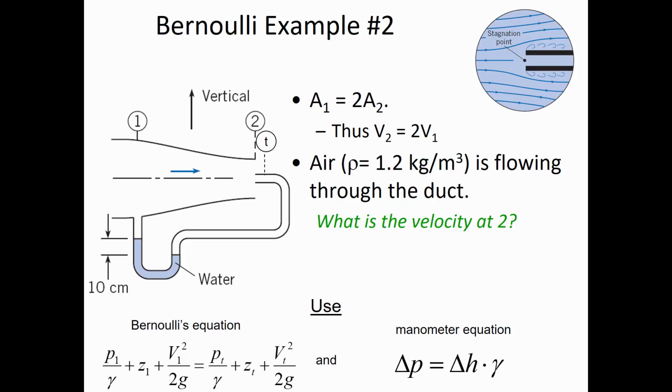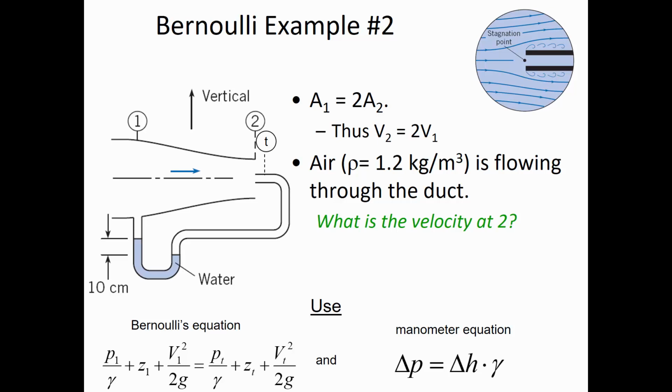I'm sorry, I should have divided this one by gamma. So if we multiply each term by gamma, then we end up with this. And then up above, we found that the change in pressure was 981 newtons per meter squared.